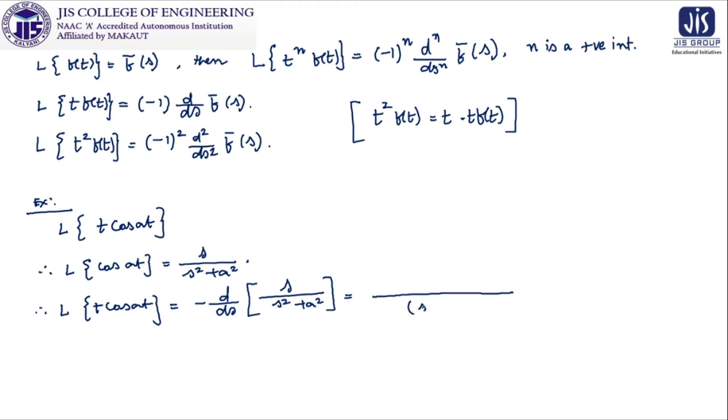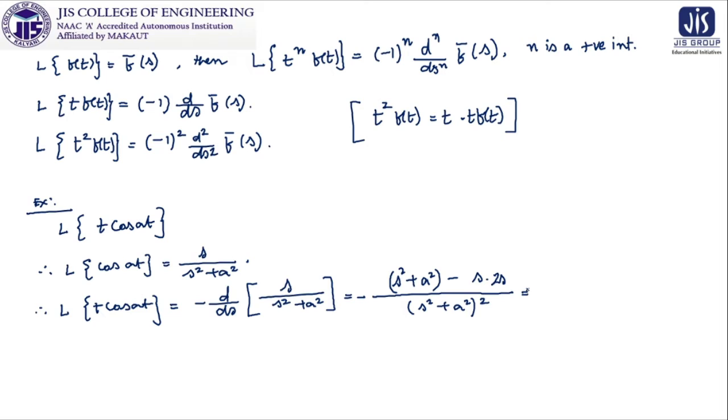So what we get is (s squared plus a squared) whole squared in the denominator. Then s is differentiated, it is 1, and s squared plus a squared is kept as it was. Obviously there will be a minus sign, and then minus s is kept as it was, and s squared plus a squared will be differentiated, so it will be 2s.